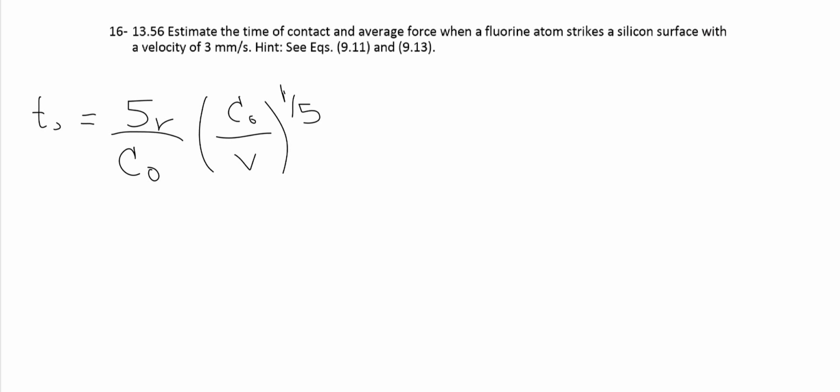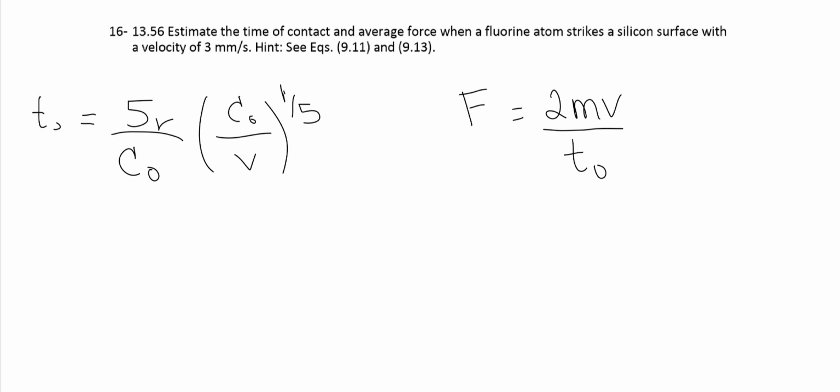Next up, the other equation is our average force equation, and that is equal to 2mv over T0. So we see that F is dependent on T0, so therefore we must solve for our time of contact first.